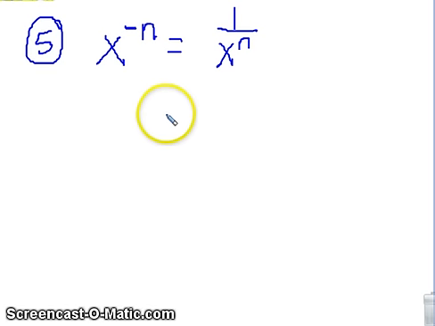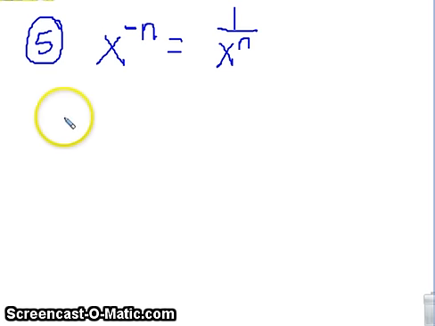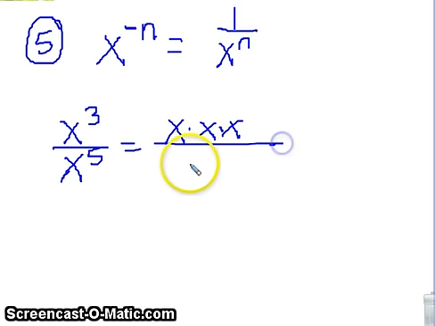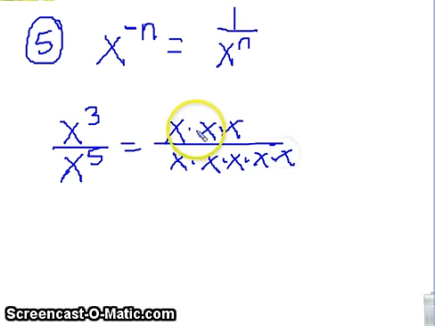Sorry. Family feud. So what this means is if I have x to the 3rd over x to the 5th, remember our rule is to subtract when we are dividing. Well, if I have x times x times x, and 1, 2, 3, 4, 5, 3 of these cancel, and it leaves me with 1 over x squared.